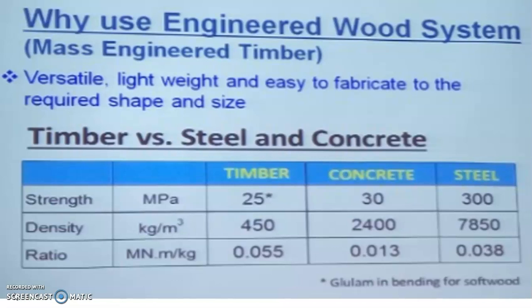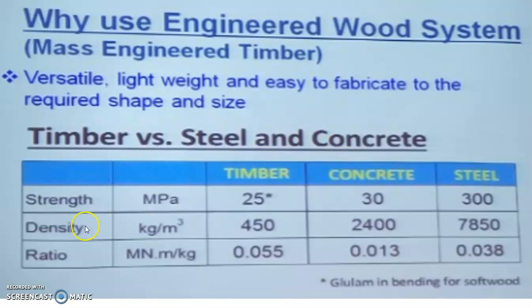In terms of advantage, the timber is versatile, lightweight and easy to fabricate to the required shape and size. You can look at a video on how easy it is to fabricate the timber into the structural components. That is not so easy to do when you are handling concrete and steel, simply because they are not easy to cut, but timber is relatively easy to cut.